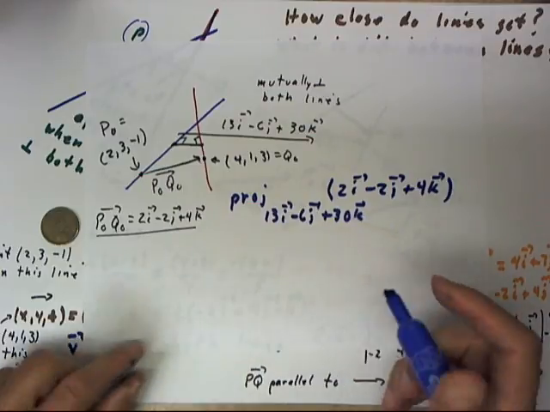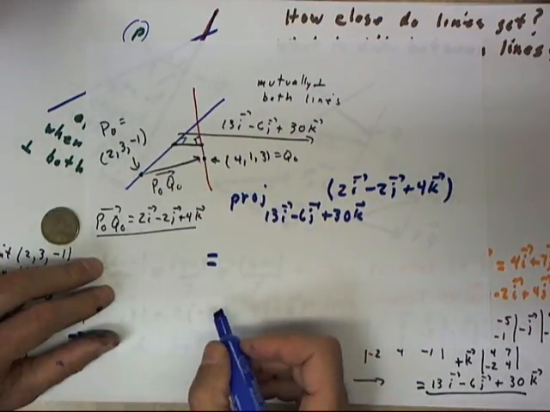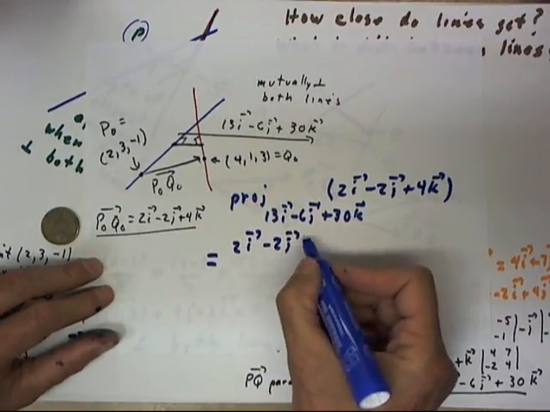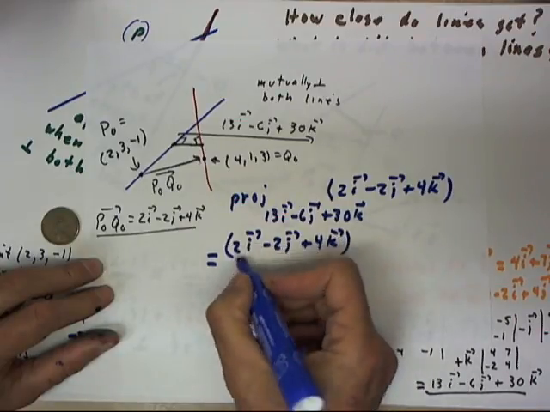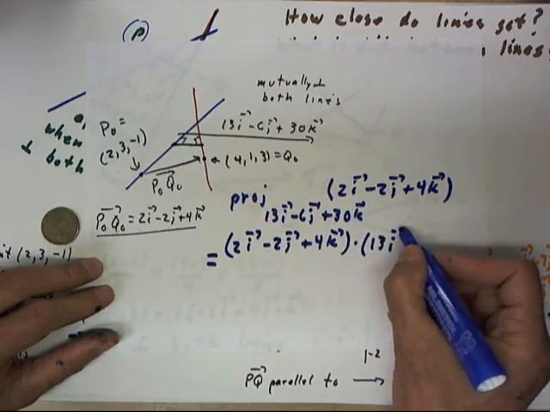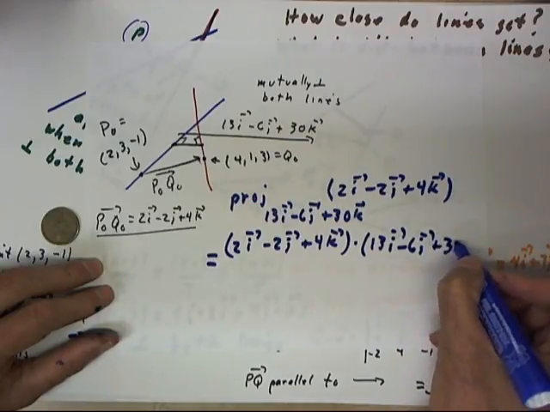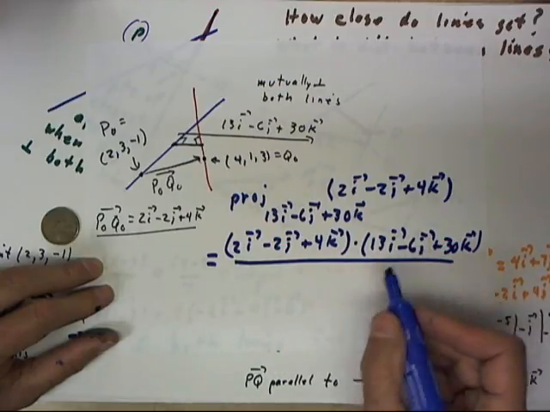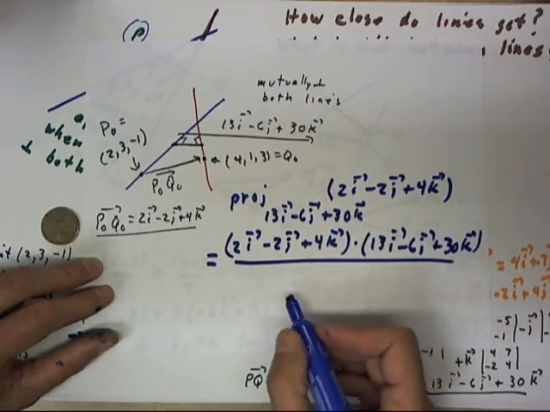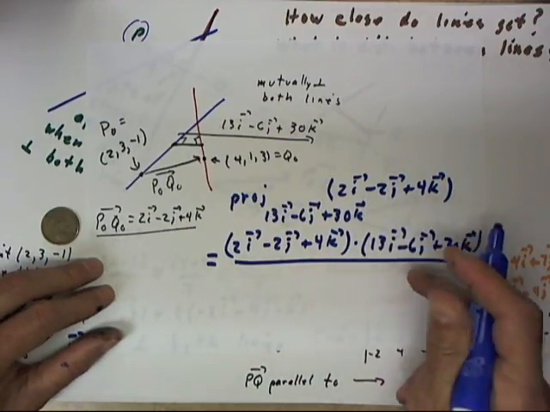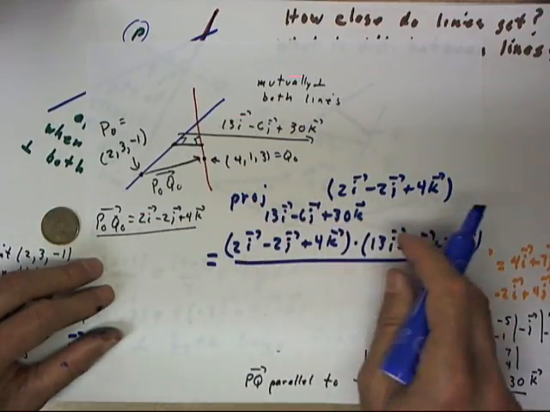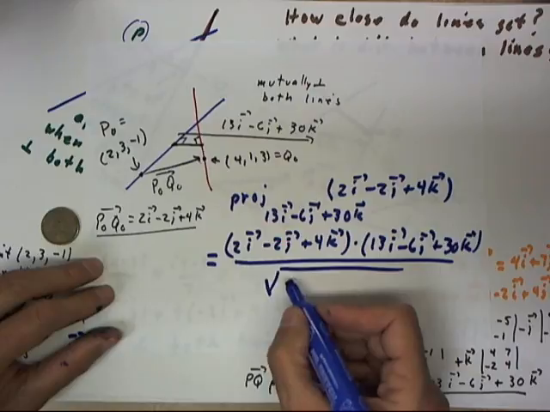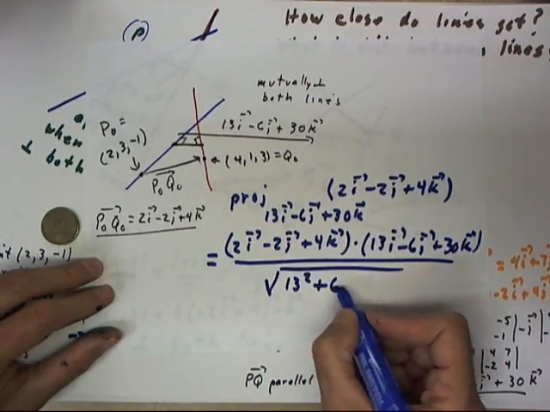Projecting this vector onto this, we get the dot product of 2i minus 2j plus 4k dotted with 13i minus 6j plus 30k, and we're going to divide by the magnitude of the vector onto which we're projecting. Again, essentially making this vector into a unit vector, and then taking the dot product with our P0Q0 vector. And you should think about why that's the thing we need to do.